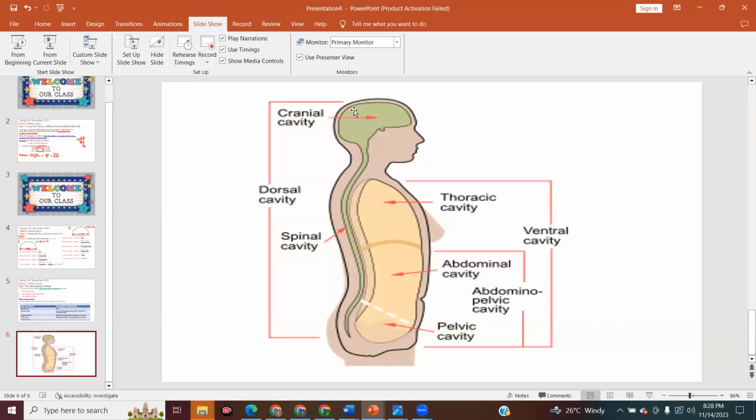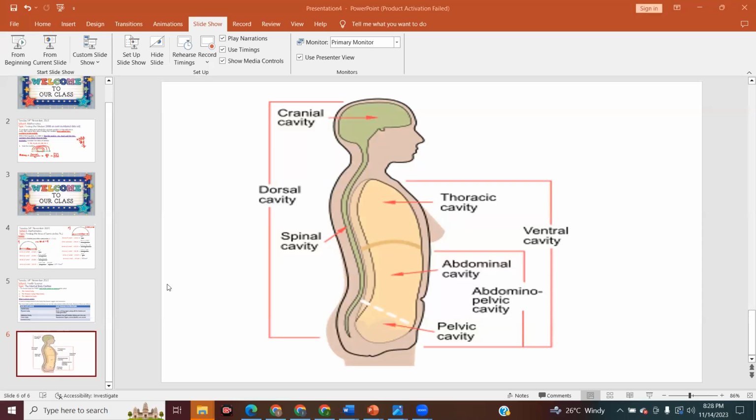So the cranial cavity contains the brain, but what cavity contains the spinal cord? That's going to be the vertebral cavity. Some people call it the spinal cavity. This contains the spinal cord.